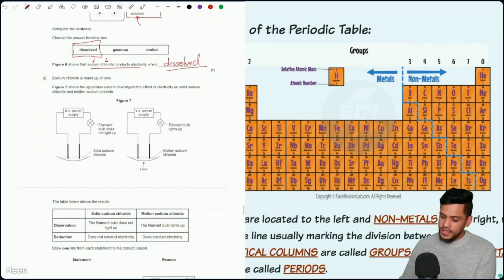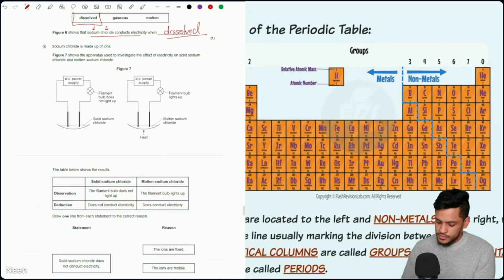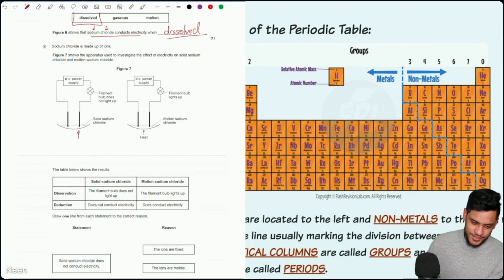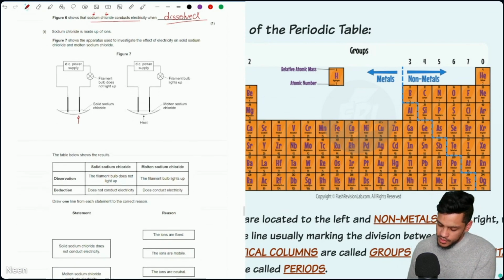Sodium chloride is made up of ions. Figure 7 shows the apparatus to investigate the effect of electricity on solid sodium chloride and molten sodium chloride. Okay, so this one. So in solid sodium chloride, the filament bulb does not light up, but in molten sodium chloride, it does.